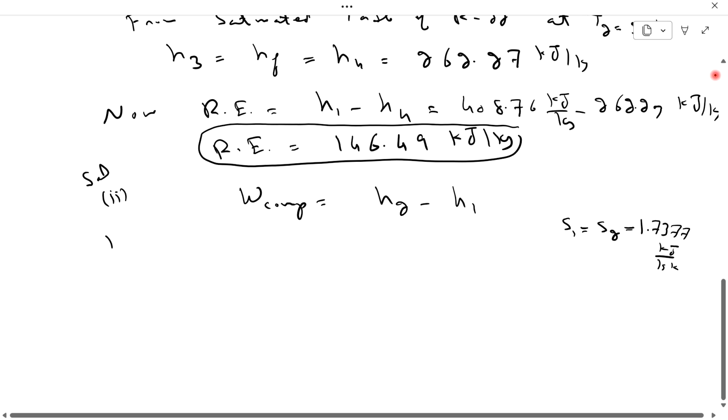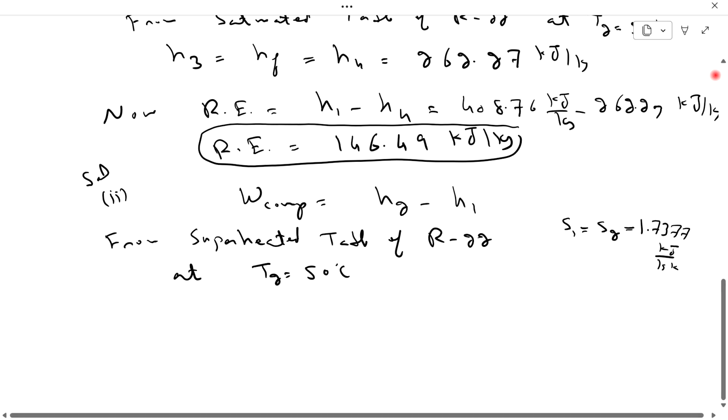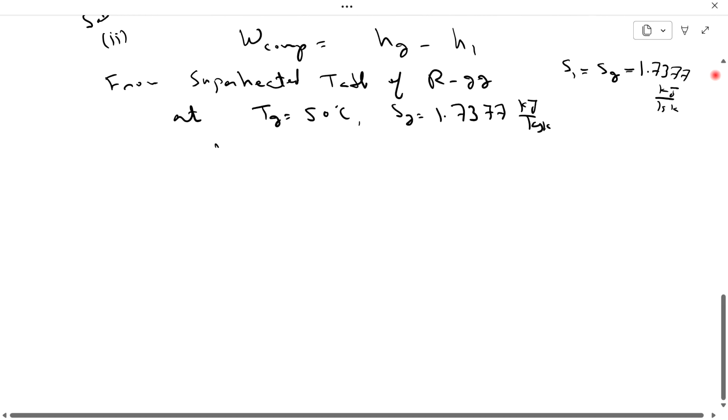So from the superheated table of R22, at temperature equal to 50 degrees centigrade and entropy equal to 1.7377 kilojoule per kilogram per Kelvin, H2 is equal to 470 kilojoule per kg.